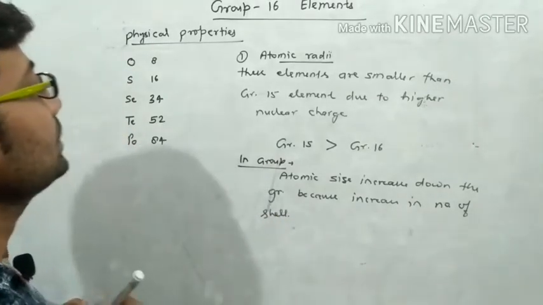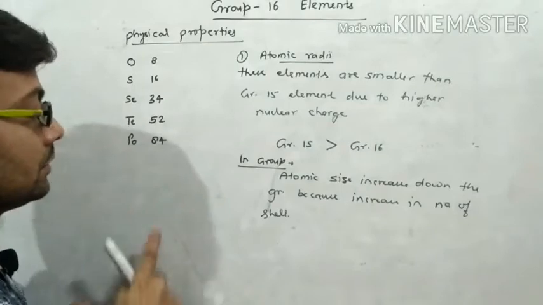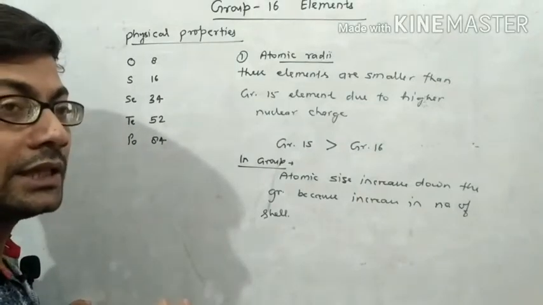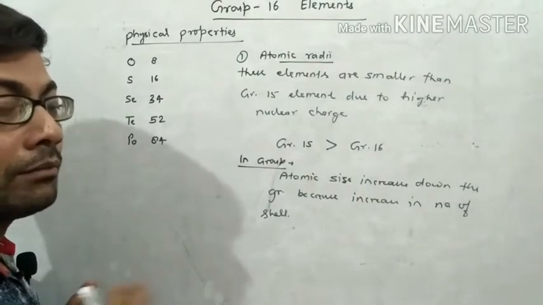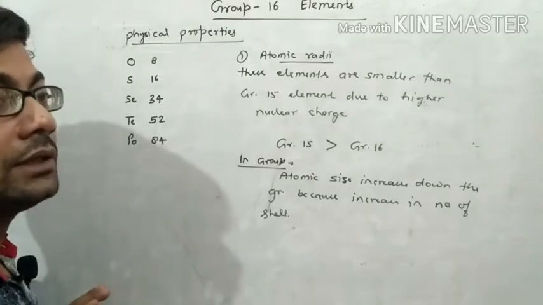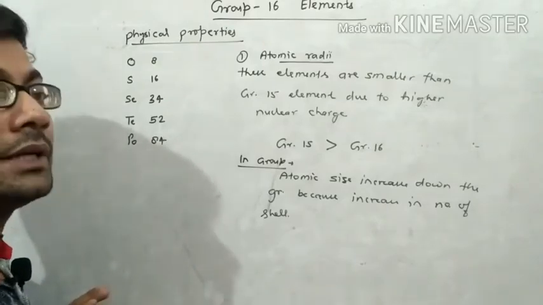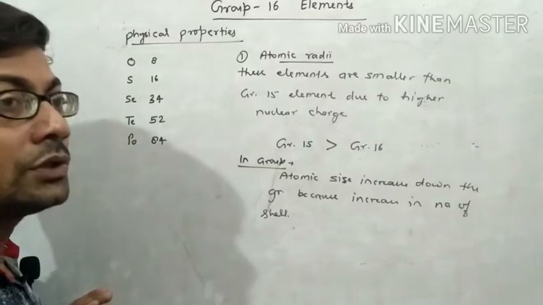When we move from top to bottom, there is an increase in the number of shells. That's why the size of these elements increases down the group.